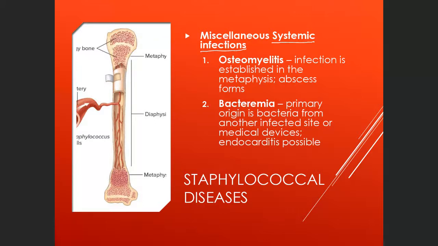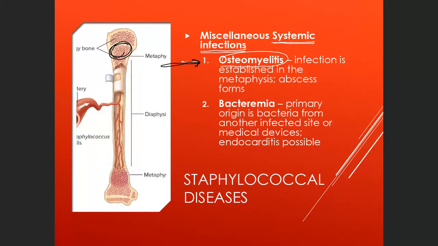Now the second type is systemic infection, maybe osteomyelitis. So this is osteomyelitis over here, which is infection in the bone, especially in the metaphysis area, close to the end of the bone.